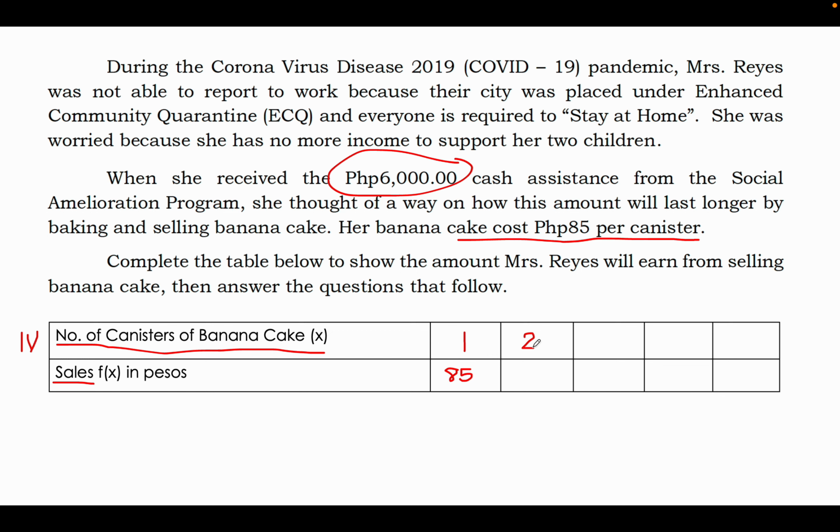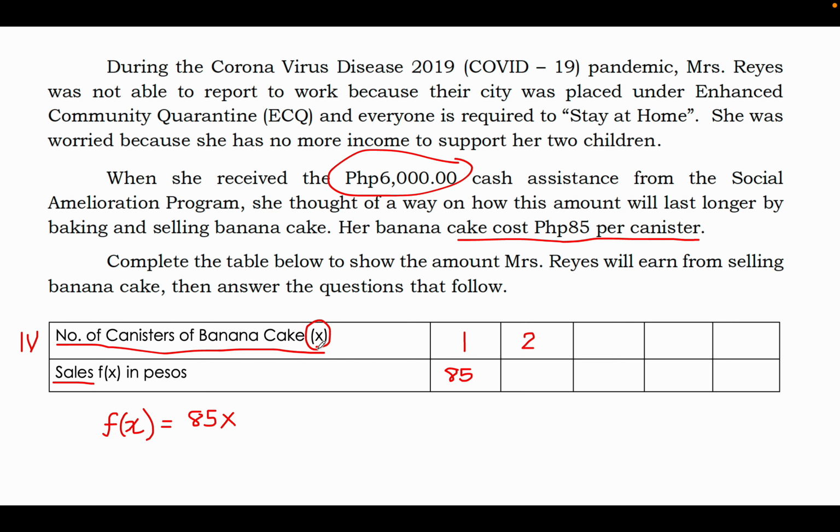Or, since naghahanap tayo ng function, ito ang sales, f of x. So, mula dito sa data, gagawa tayo ng function. Magiging f of x siya equals, ito ang benta niya, f of x, equals ang cost ng per canister, i-multiply natin sa number ng canister na x.